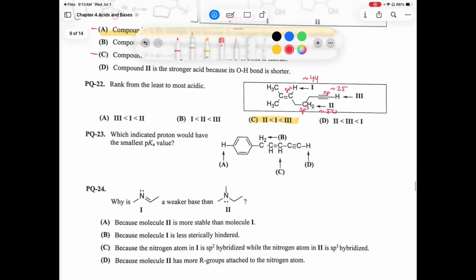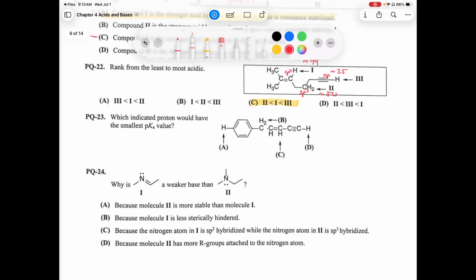All right, again, smallest pKa value. If we take a look at A in question 23, we have an sp2 hybridized carbon. We'll just put close to 44. Then here we're going to put less than 50 because it's on an sp3 hybridized carbon, but it's attached to an aromatic ring, which is electron withdrawing. Here, same thing, we're going to put close to 44.